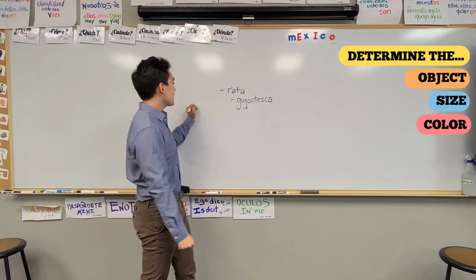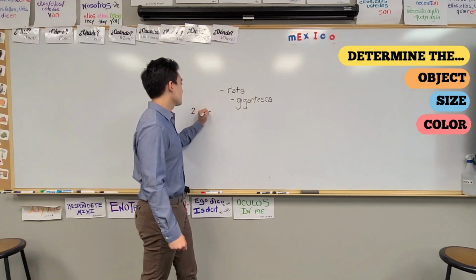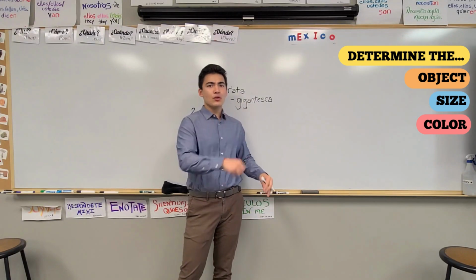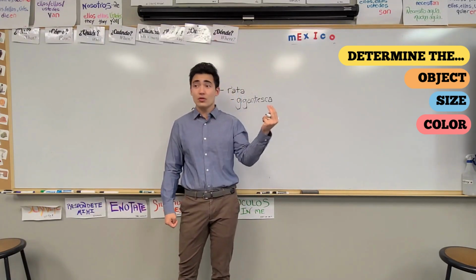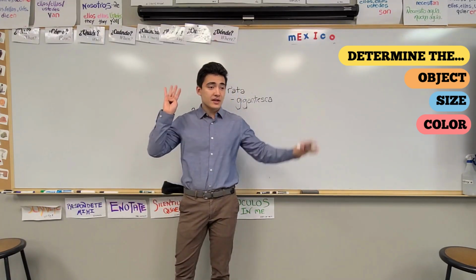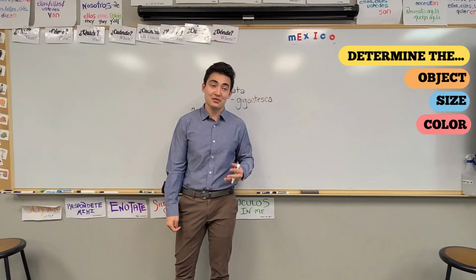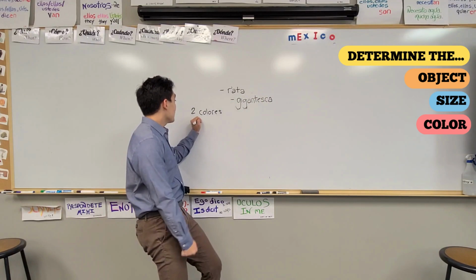Ok, vale, la rata tiene 2 colores. ¿Cuáles son los colores? Clase, levanta la mano. Dime tu color favorito. Dime, ¿qué es tu color favorito? Students will raise their hand, especially in middle school, because sharing your favorite color is like the most important thing in the world. Vale, vale.